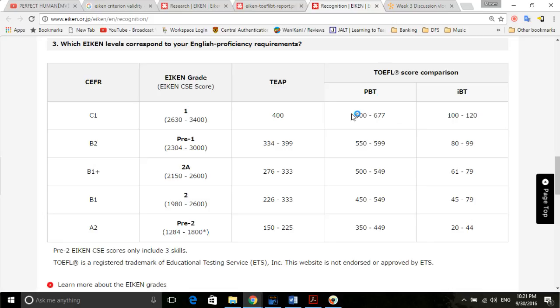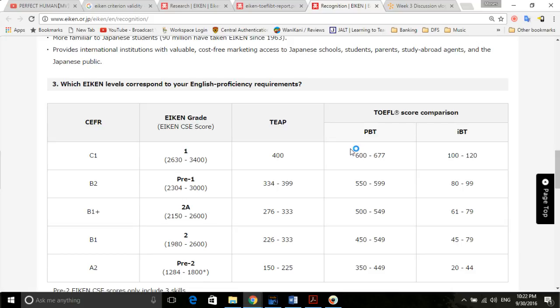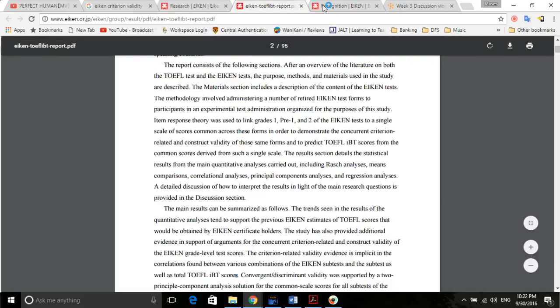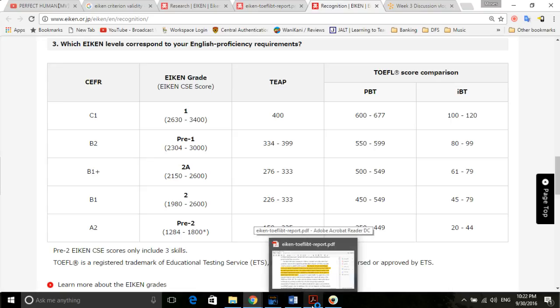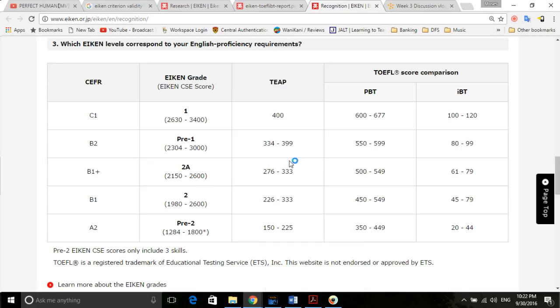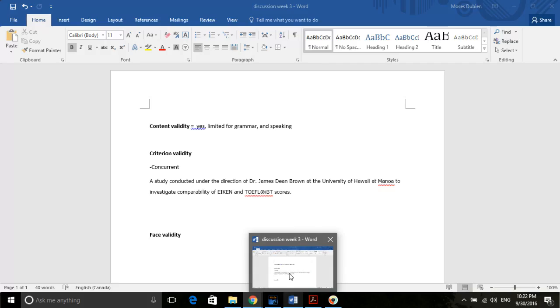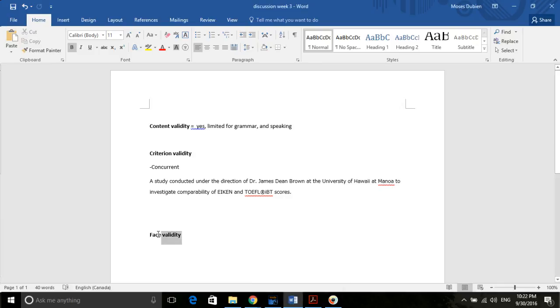And they do give you an approximation of what your score, if you passed Eiken grade 1, would be like on TOEFL. So yes, it does have it, although it's limited. It's not for all levels, and on the website they do say, well, this is an approximation, so it's not exact.